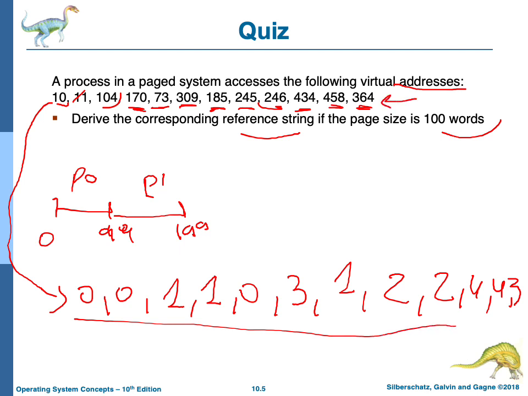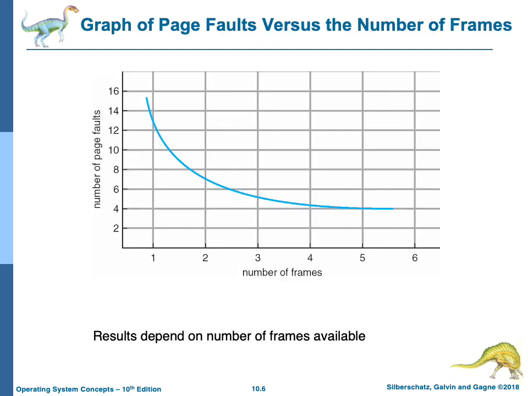In the following exercises we will only be dealing with the reference string itself, which is a list of all the page numbers that a process is accessing. The typical relationship between the number of frames and the number of page faults looks this way.